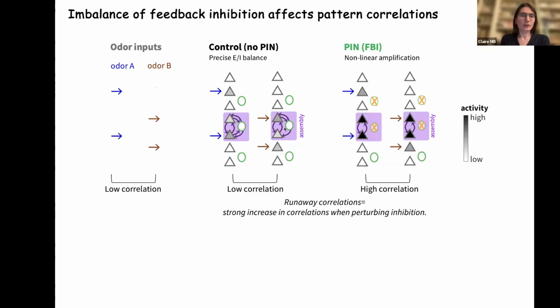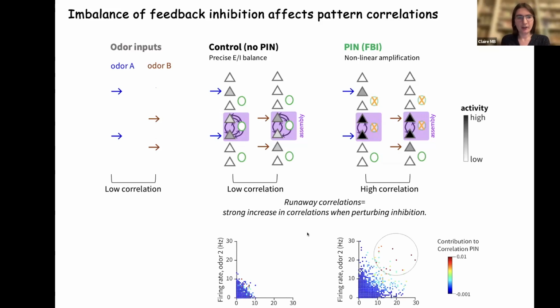So this means that these runaway correlations are driven by assembly neurons. But even if we wouldn't know which neurons are part of an assembly, we would still observe only a small subset of excitatory neurons that respond strongly to both odors and that contribute most to the high pattern correlation during this partial inactivation of feedback inhibitory neurons.